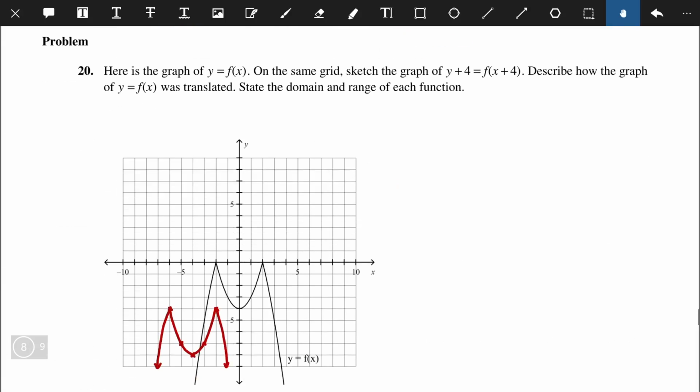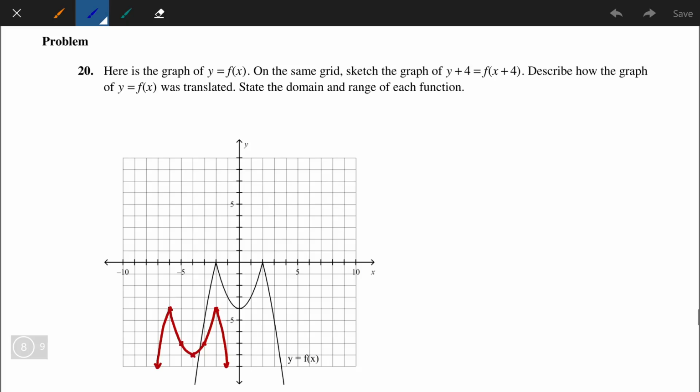Okay, so here's the graph of y equals f of x. In the same grid, sketch the graph of y plus 4 is equal to f of x plus 4. Describe how the graph was translated and state the domain and range. So the original f of x, the graph was already drawn, but it would be a good idea to indicate what transformations there were.